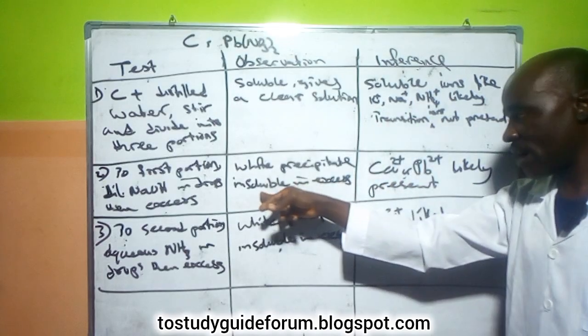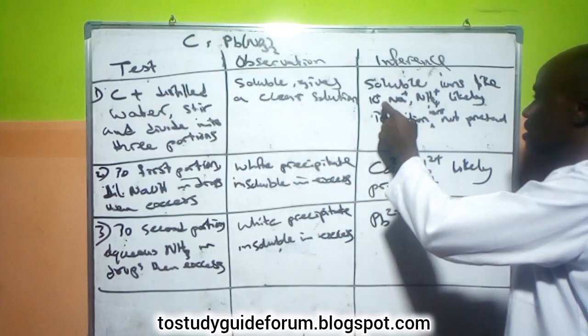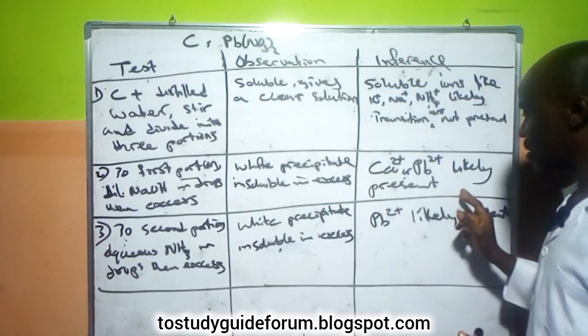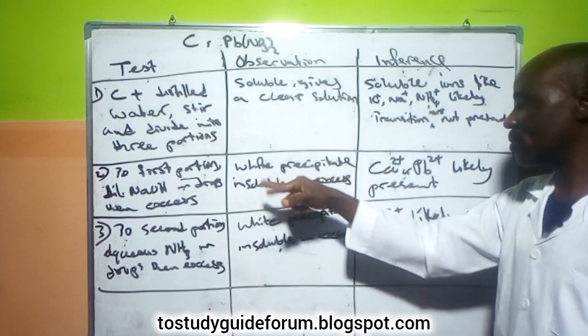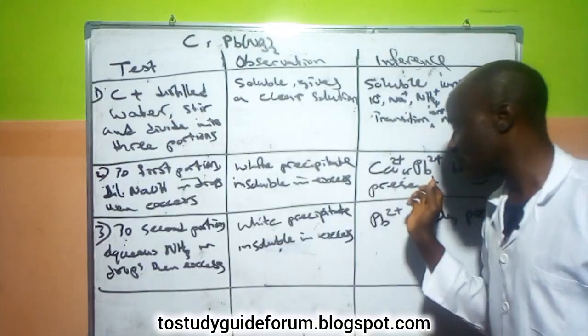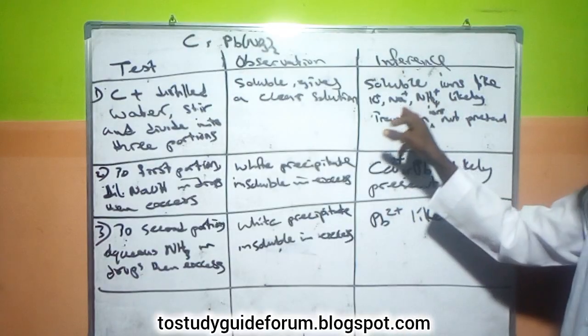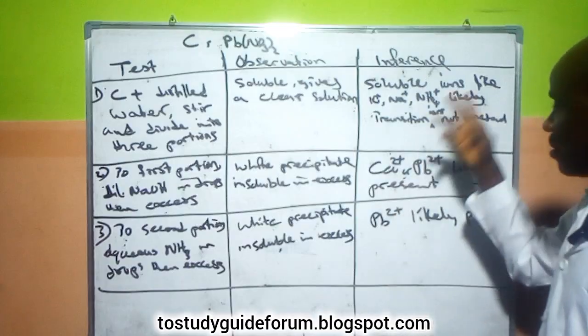We find out that they cannot give us a precipitate, because these other ones are soluble in every case. So we can say that they are not present based on that.